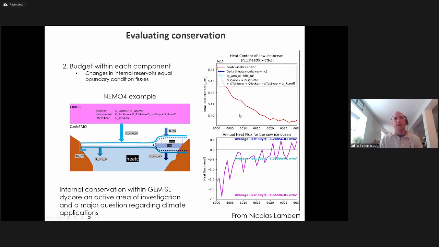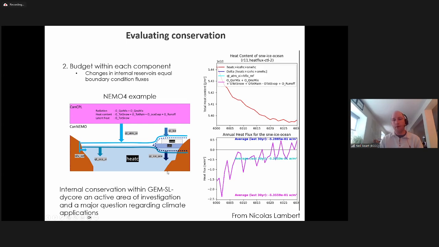And the right panel is basically comparing the fluxes at the surface relative to the tendency of those reservoirs: do those agree? That would be the definition of conservation. And in the bottom right plot, the lines are all on top of each other, suggesting, yes, in NEMO 4, we know that what we're putting in is being reflected in the state variables.